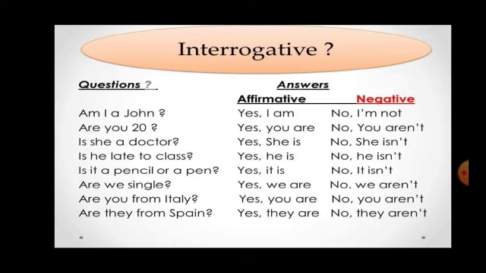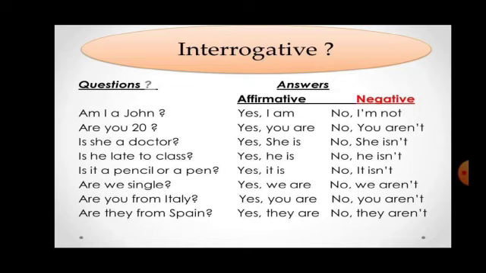Now, let's see the form. Am I John? Its short answer is yes I am or no I am not. Are you 20? Yes you are, no you aren't. Is she a doctor? Yes, she is. No, she isn't. Is he late to class? Yes, he is. No, he is not.